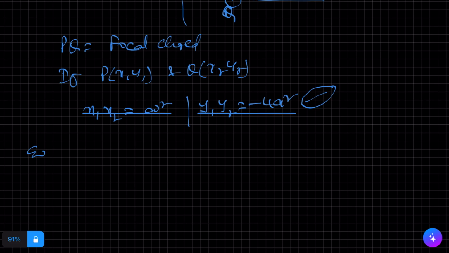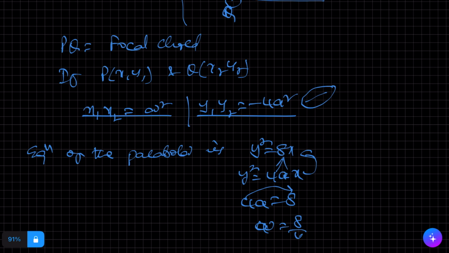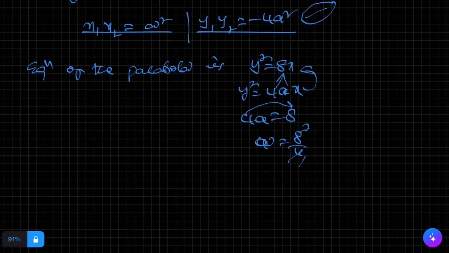As per the question, the equation of the parabola is y square equal to 8x. Let me compare this with the standard form y square equal to 4ax. So 4a equal to 8, so a equal to 8 by 4. The value of a is 2.